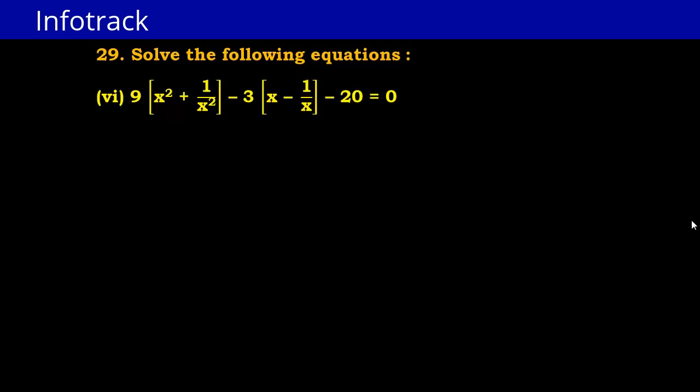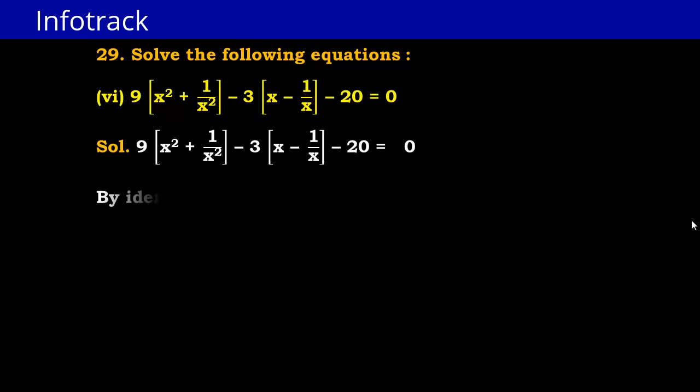Next: 9 into (x square plus 1 upon x square) minus 3 into (x minus 1 upon x) minus 20 is equal to 0. See, again student, we can observe you have to make the bracket the same, and for that we have to use the identity x square plus 1 upon x square is equal to (x minus 1 upon x) the whole square plus 2.